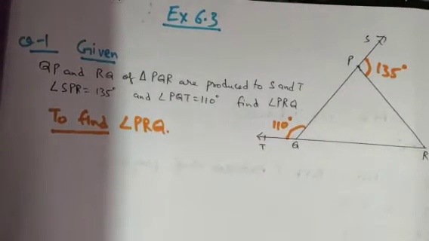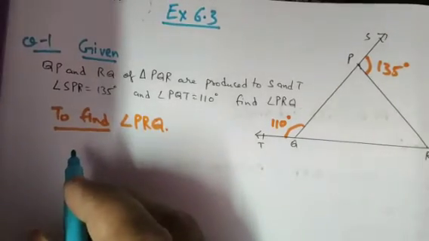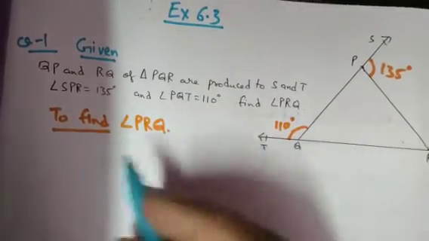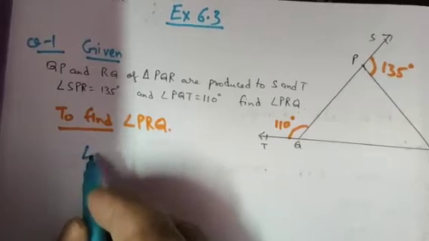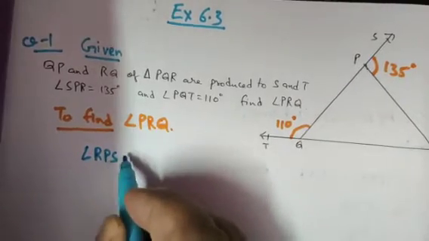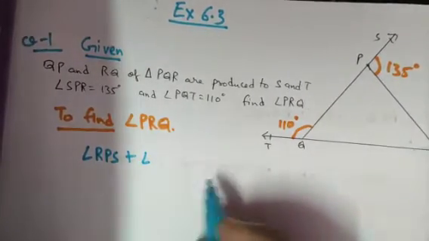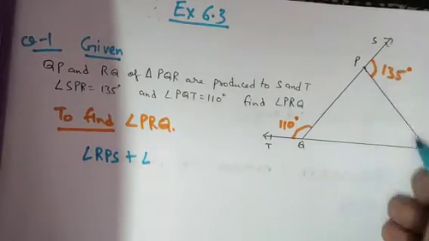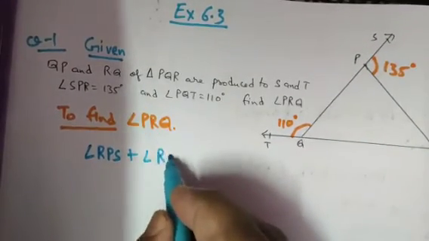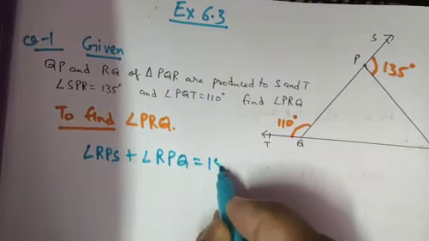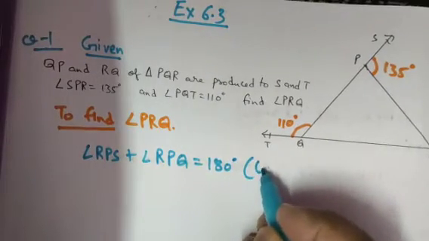So first of all, we can apply the linear pair property. Angle RPS plus angle RPQ is equal to 180 degrees, as it is a linear pair.